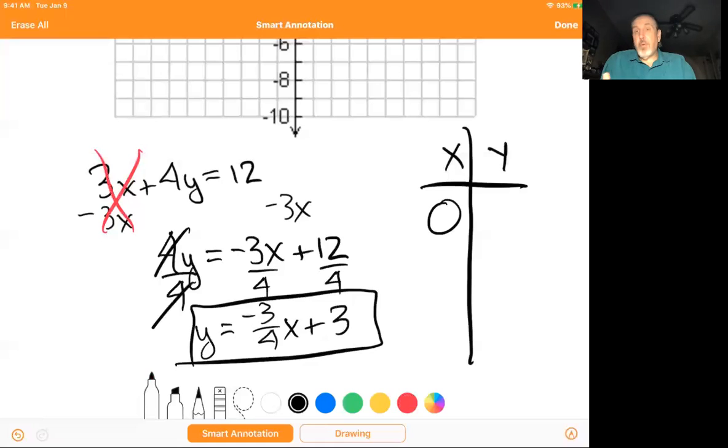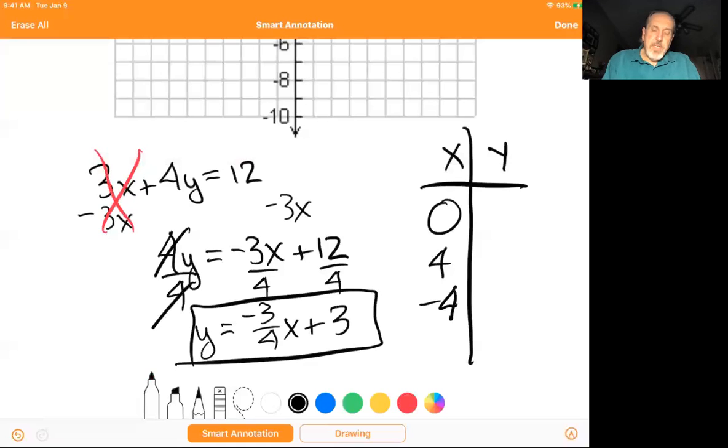You could pick 3, for example, but then you're going to get an ugly fraction, and trying to graph a fraction is kind of a pain. So the easiest values to choose, and I'm a big advocate for doing it as easily as possible, the best values to probably choose are 4 and negative 4. All right?